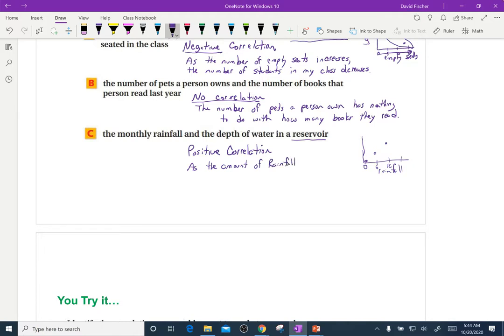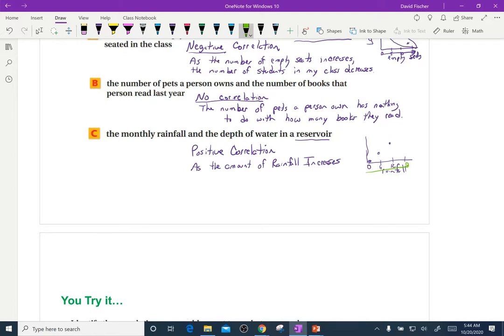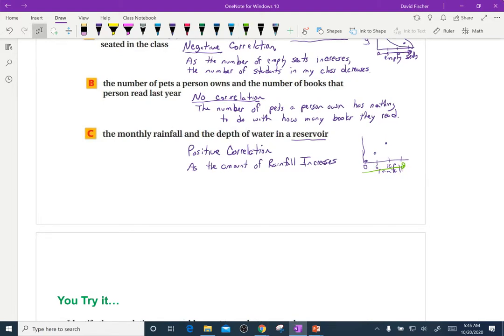As the amount of rainfall increases. So as I'm going on my graph from left to right, boom, it's increasing. There's 0, there's 12, there's more.